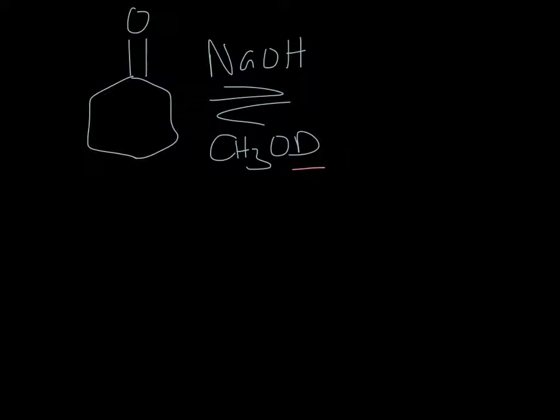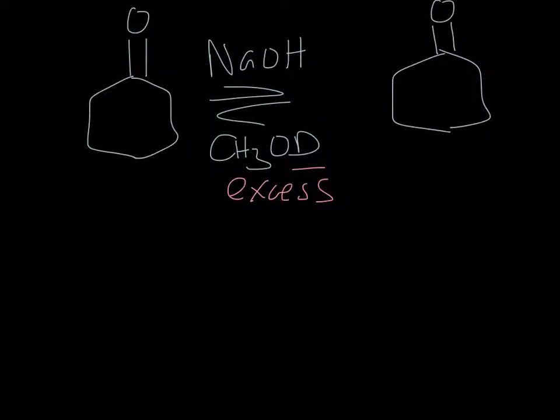I'm going to try to label this, and I'm going to put this methanol in excess. Methanol has a slightly acidic proton, in this case deuterium, that can be pulled off. What we'll see over time, if we let this stir for an extended period with excess, is that all of these protons at the alpha position will end up getting replaced by deuteriums.